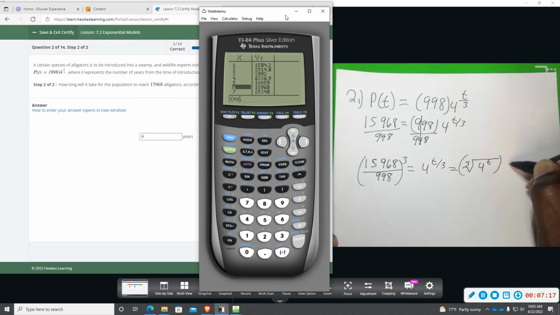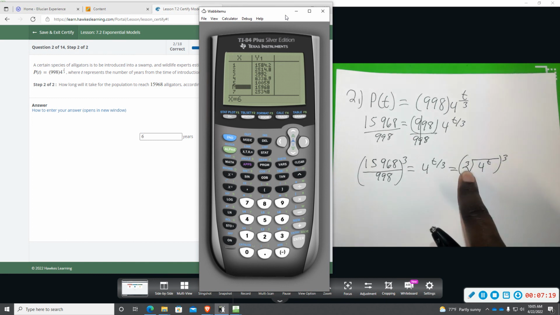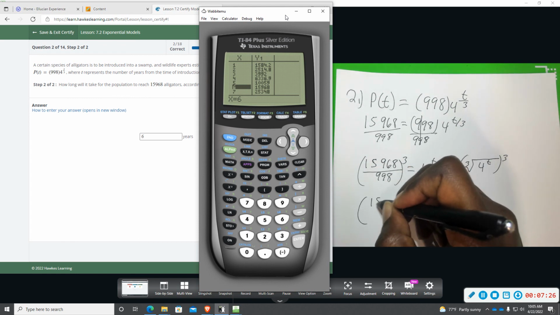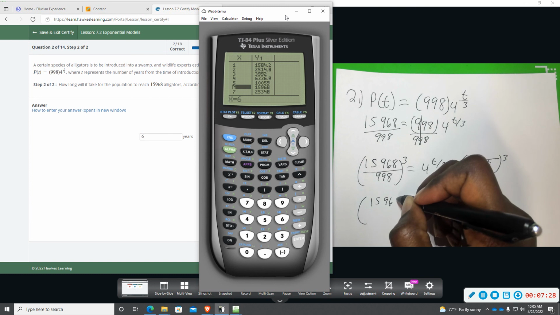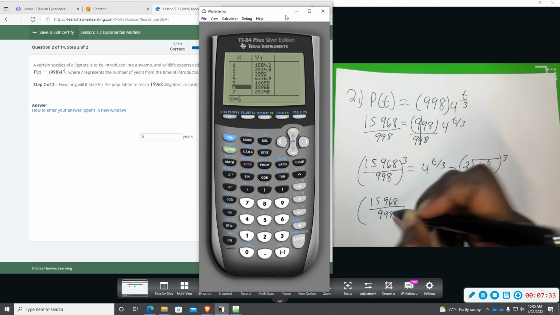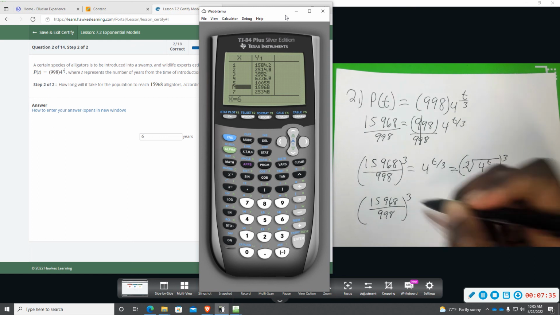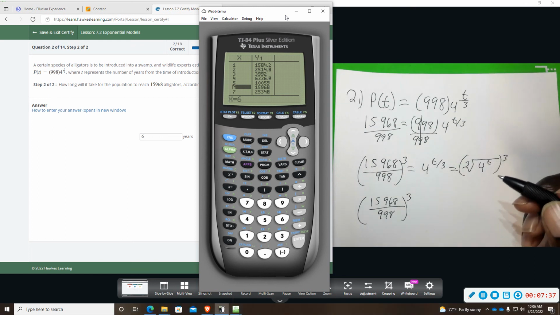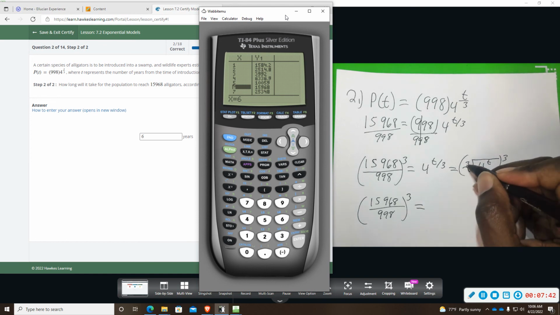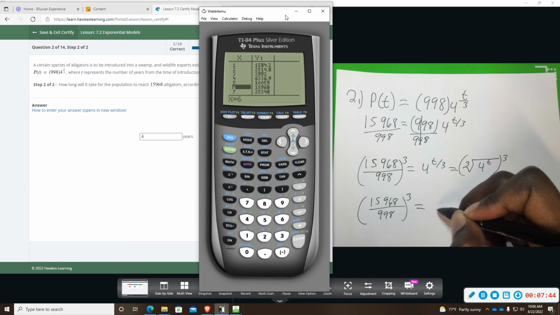So that's going to get rid of that power of 3. Once I do that, I'm left with whatever this is equal to, raised to the 3, equals, and the root will cancel out, 4 to the t power.